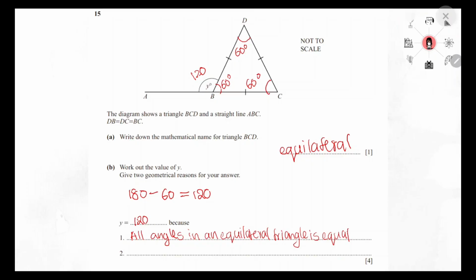As reason number 2, we can write all angles in a straight line add up to 180 degrees. That would be the answer for the 15th question.